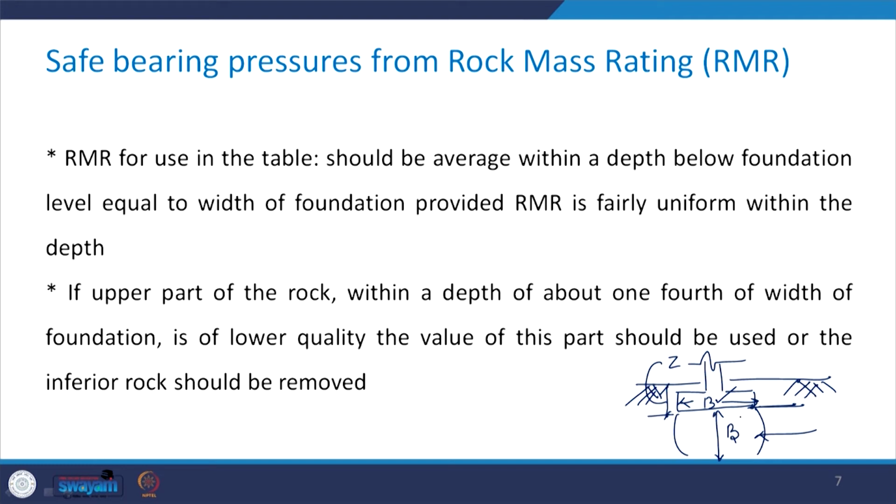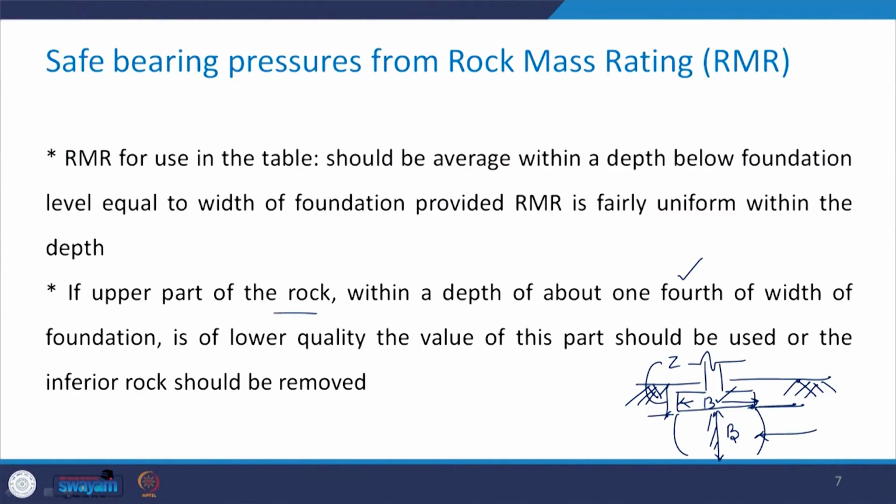The one assumption which is there is that RMR should be fairly uniform within this depth. If too much non-uniformity is there, then that may not give you the proper value of the safe bearing pressure.